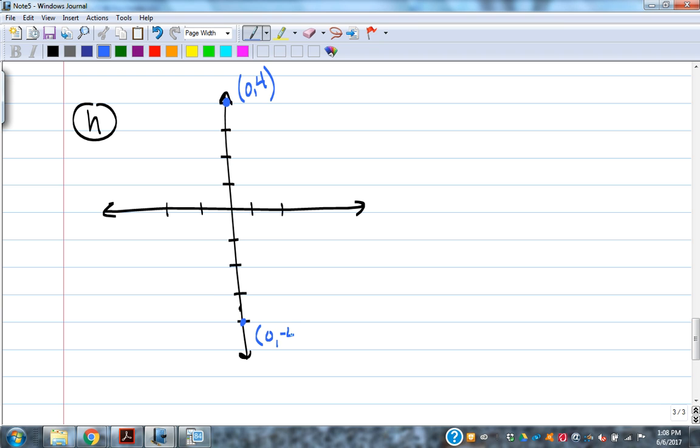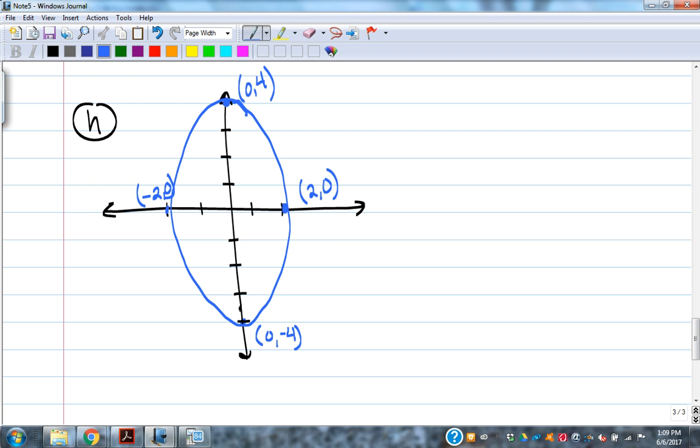That's at (0, -4). That's at (2, 0), (-2, 0). And what I'm drawing here is supposed to be what's called an ellipse. Okay, so that's our graph.